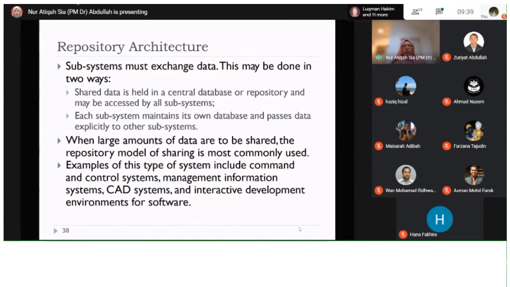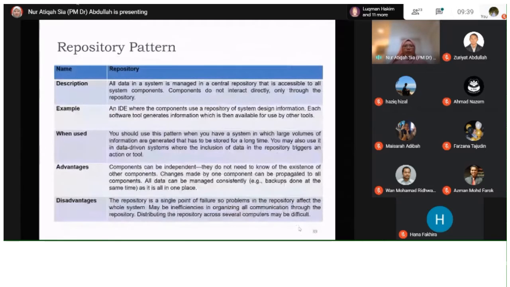Okay, when we have a repository architecture, when you want to use it, when you have a large volume of information and data that you want to gather and you want to store it for a very long time of usage. Maksud you nak guna pakai dia satu data yang besar dalam satu jangka masa yang agak panjang. Maka you have to actually consider for the repository architecture or repository patterns of it.